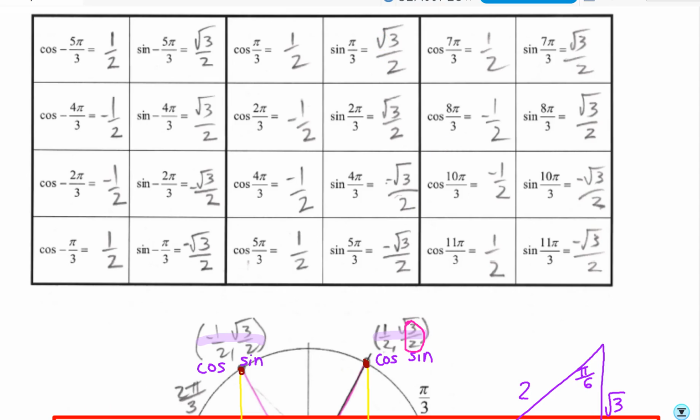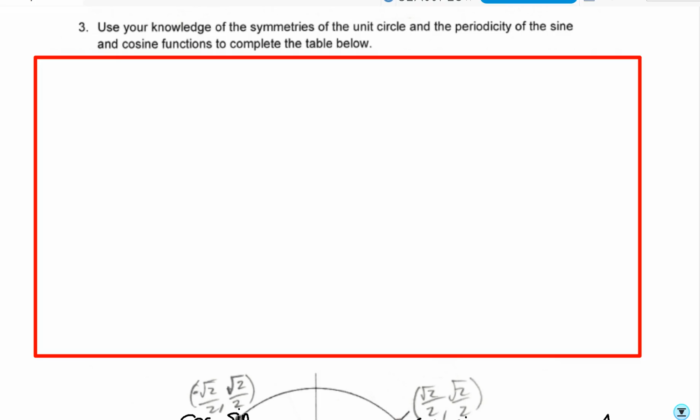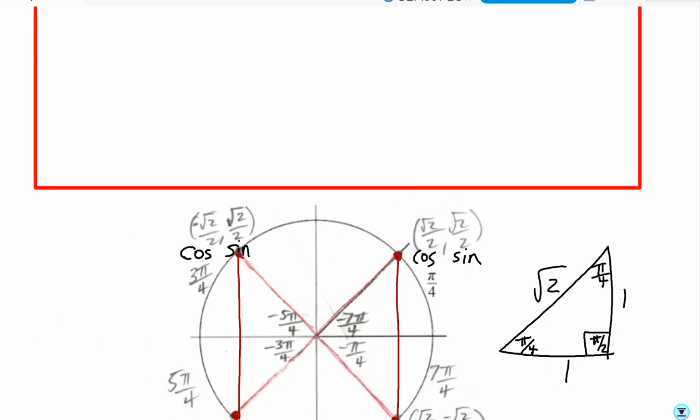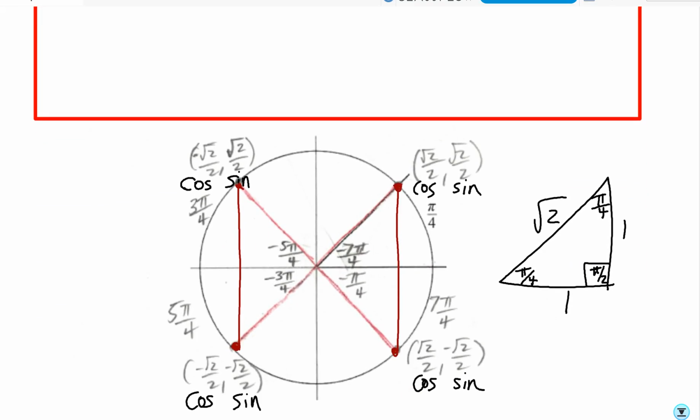The last one, as you can imagine, is the other special right triangle that we talked about. The other special right triangle is our 45, 45, 90 right triangle, in which case I'm no longer dealing with 1/2 and square root of 3 over 2. I'm doing square root of 2 over 2 because that's based on our rationalized ratios.